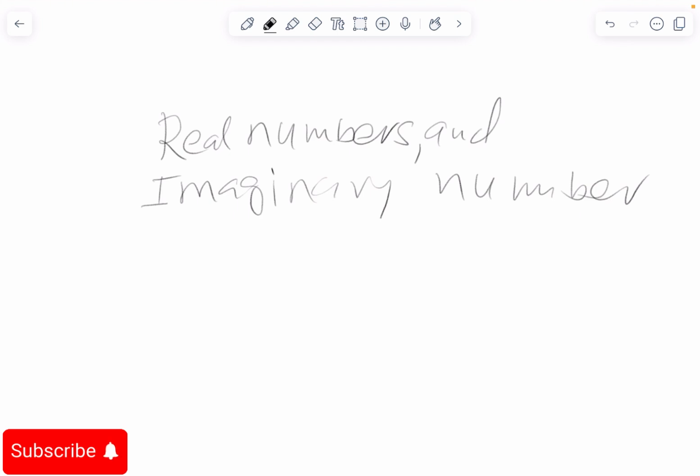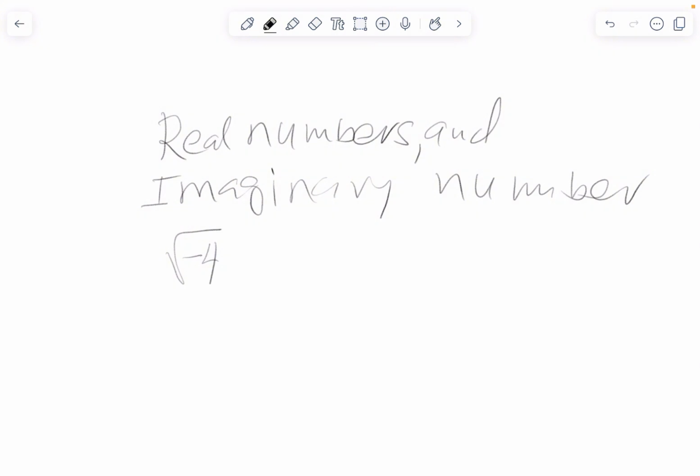Imaginary numbers are numbers which are the square root of negative numbers.